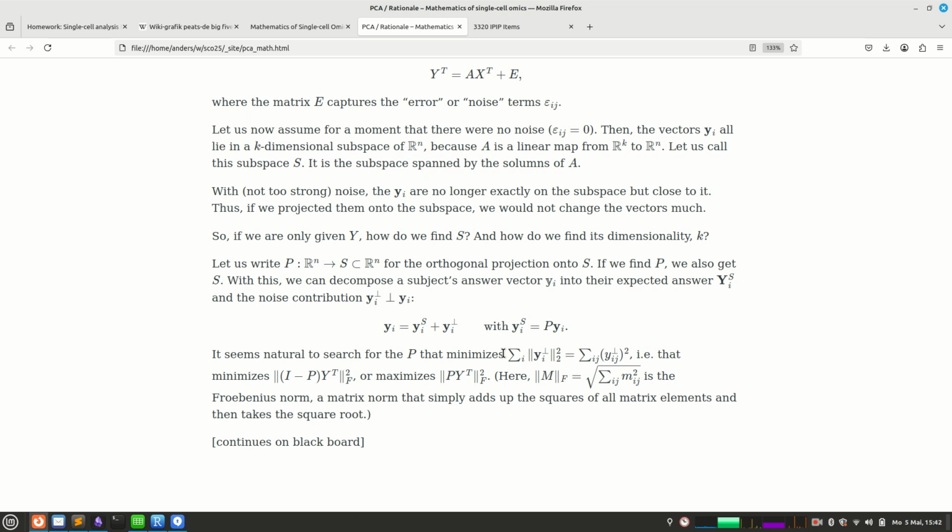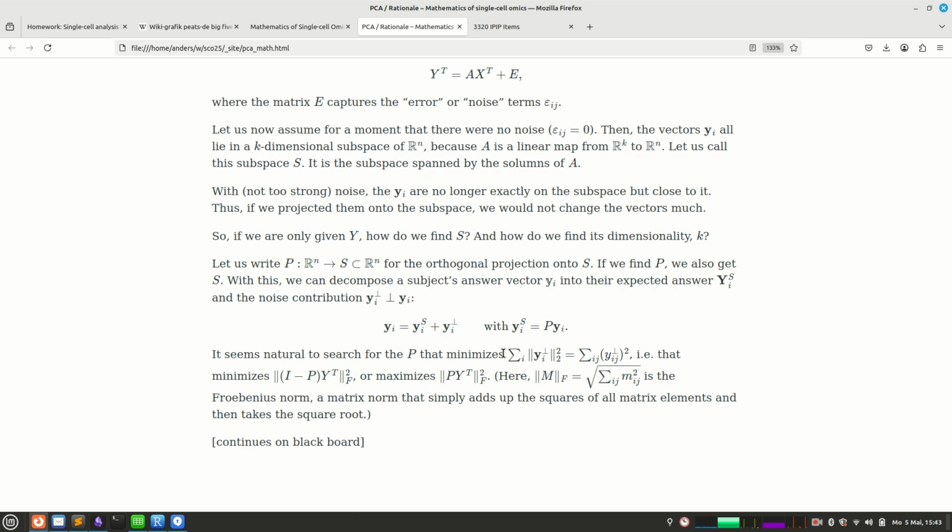I have now expanded P yi as a sum over all the p_s, and the coefficients in this expansion are of course the scalar products of this with this. And if I now want the length of a vector, I have to take these things, square them, and add them up. This is why this leads to that one here.